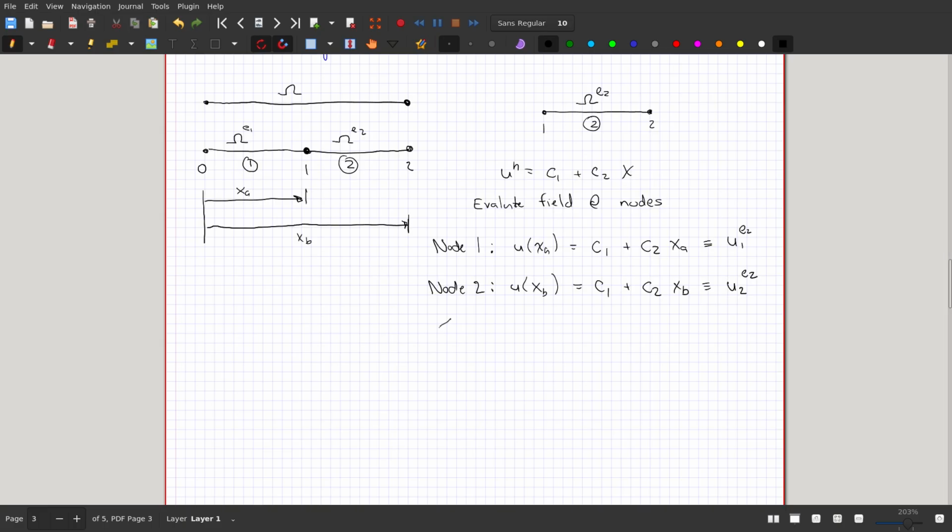If we write those equations in matrix form, we have u1 e2, u2 e2 is equal to the matrix [1, xa; 1, xb] times c1, c2.